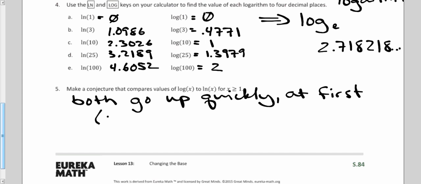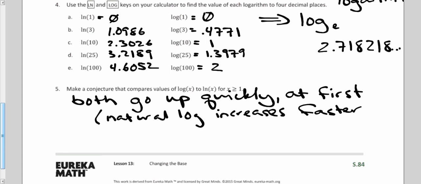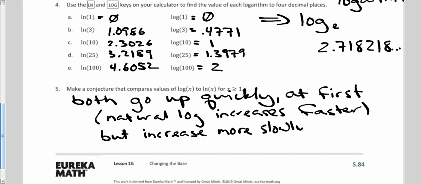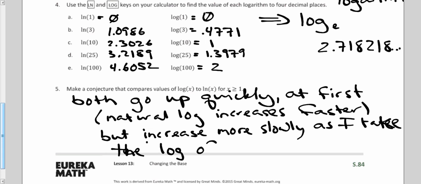Remember, natural log increases faster. But both increase more slowly as I take the log of a larger number.